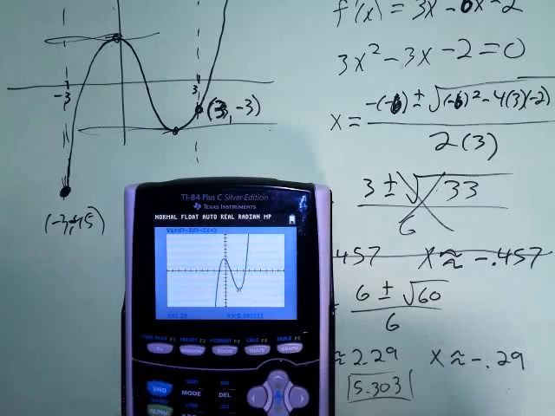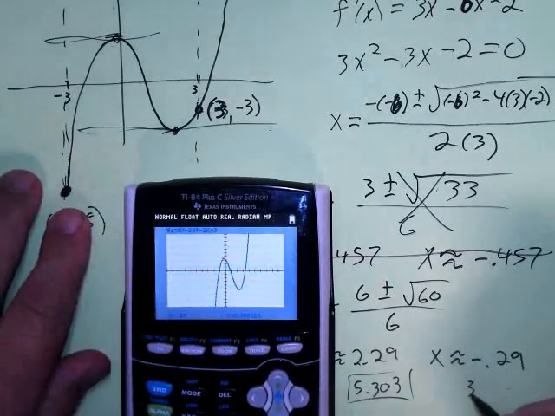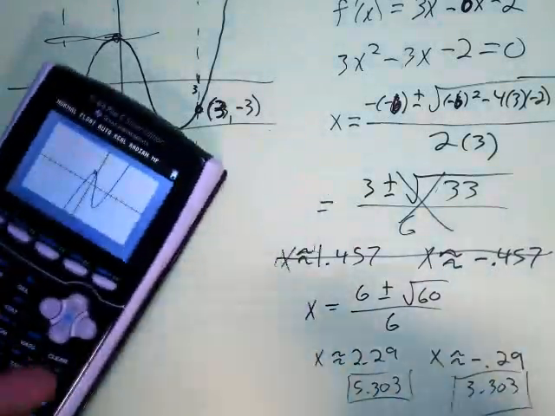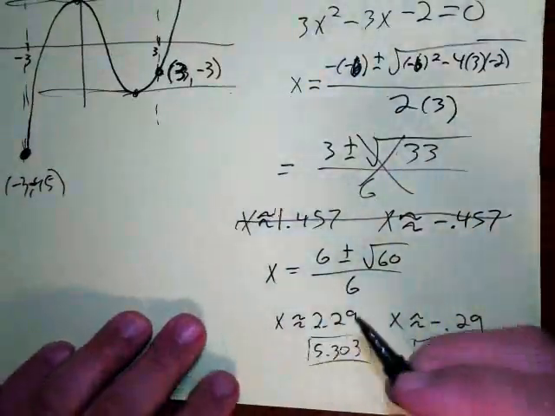Now let me put in negative 0.29. And there I get the other, that's the maximum. It's like 3.303 or so. So this would be the minimum. Oops. This is local.